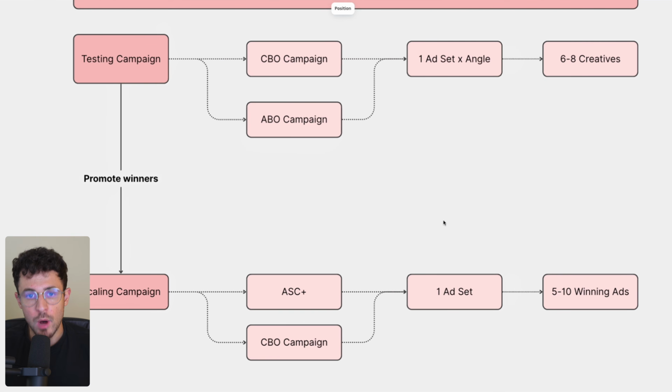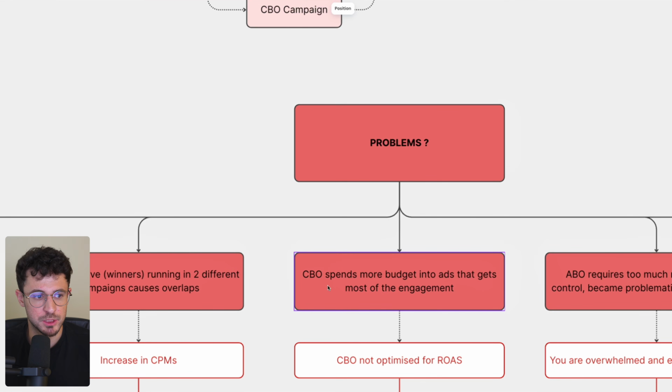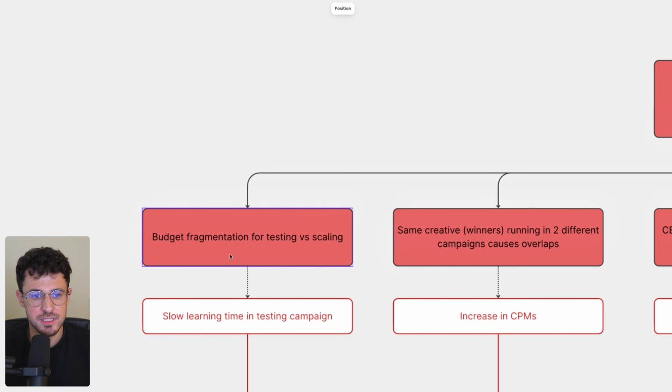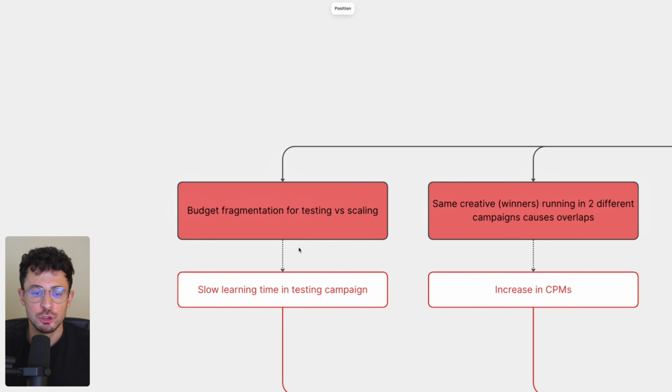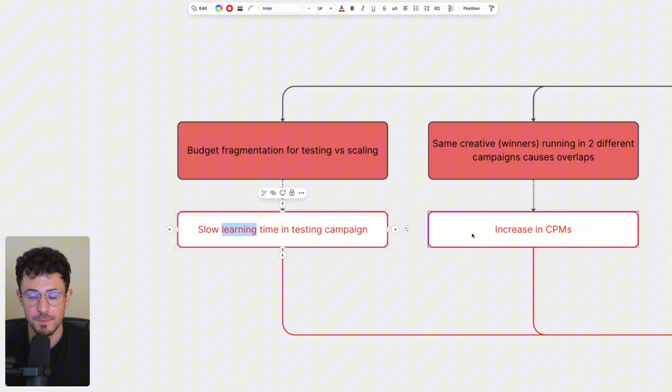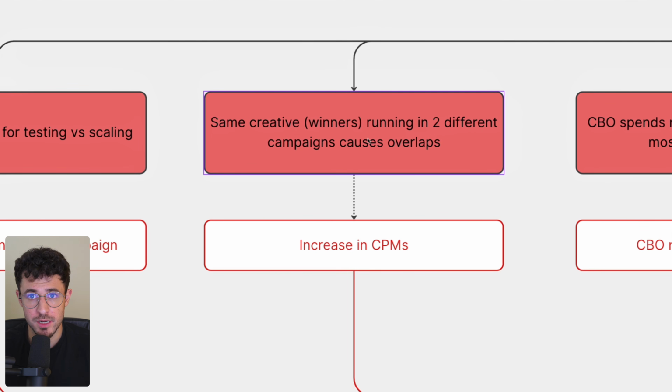Now, what are the problems with this approach? Problem number one, there is some budget fragmentation going on between the testing and the scaling campaign, so there is a slow learning time in the testing campaign. The second problem is that the same creatives, so the winners, run simultaneously on two different campaigns, which can cause overlaps.